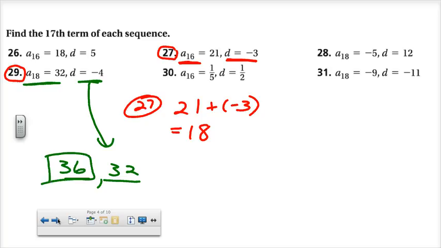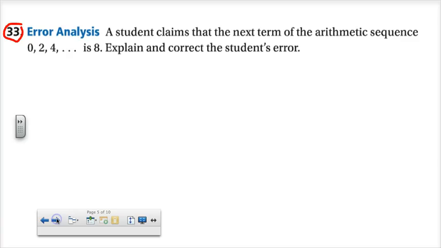And there it is. So with this one, the 17th term is 18, and with this one, the 17th term is 36. So again, it takes stopping and thinking before you just jump right in and start writing formulas for these. Sometimes we don't need all of that.